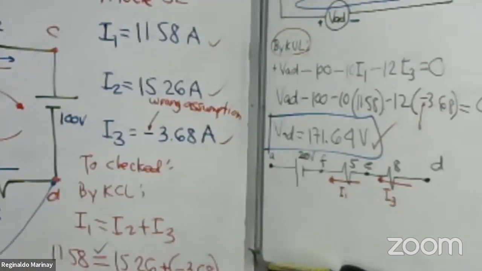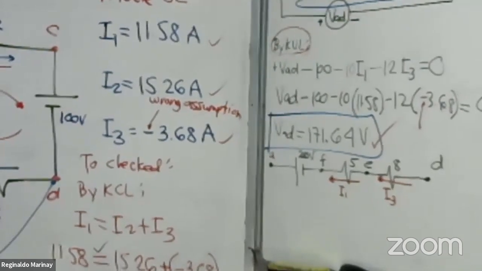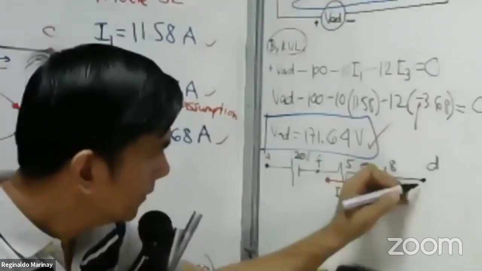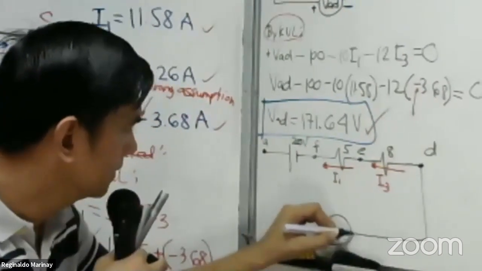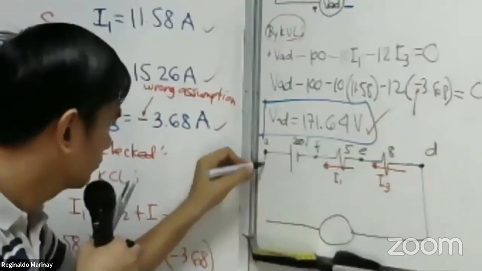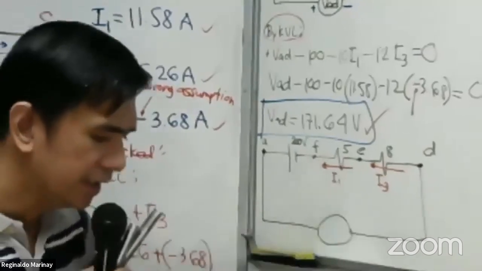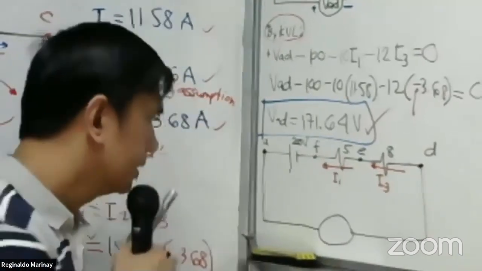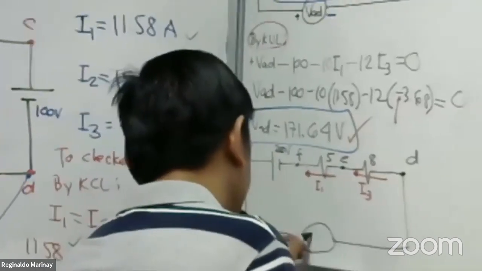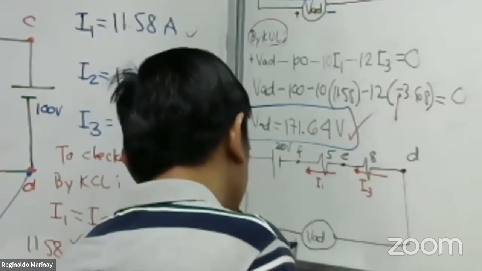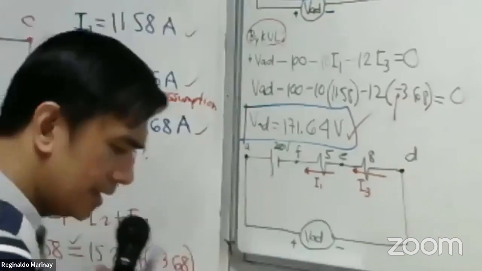Now, I will put the voltmeter over here. Okay, so that is the voltmeter. Let's call it VAD. This is the positive, this is the negative terminal.